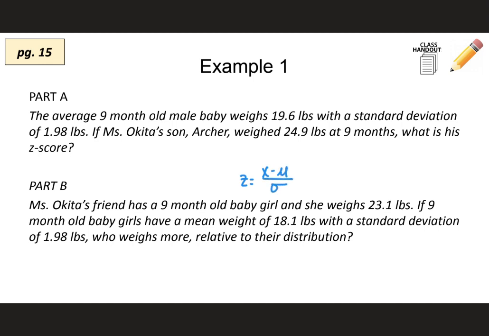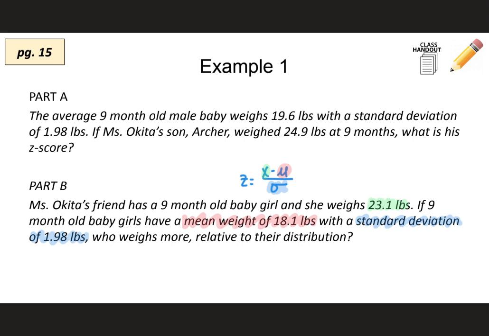Filling in what we know, our mean weight is 18.1 pounds. Our standard deviation is going to be 1.98 pounds, the same as the previous distribution. And then our data point, we're looking at the weight of this baby girl, so that's going to be 23.1.